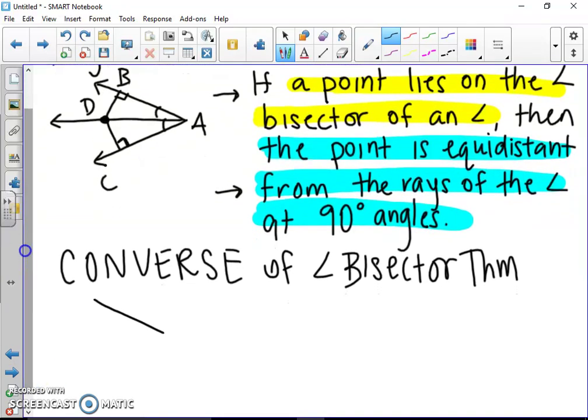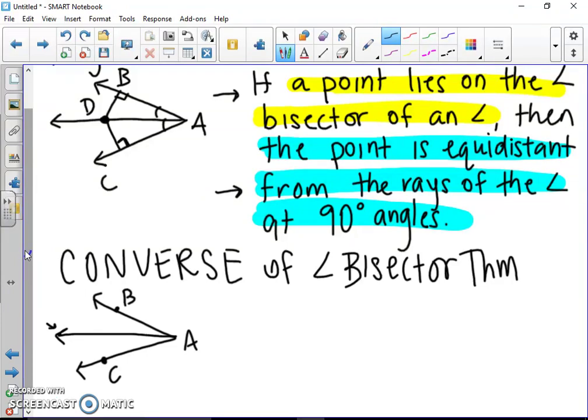So I'm still going to start with a picture. And I'll start with an angle. And I'll call this angle A. I'm going to have a point here B, a point here C. And then we'll draw a line here, or a ray there, but I don't know necessarily that this is an angle bisector. It's just a ray that's cutting through that angle, okay?